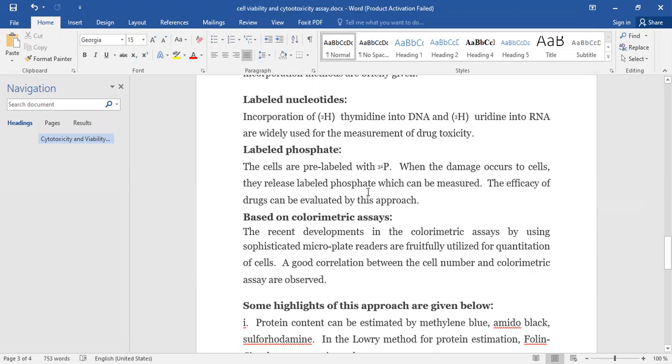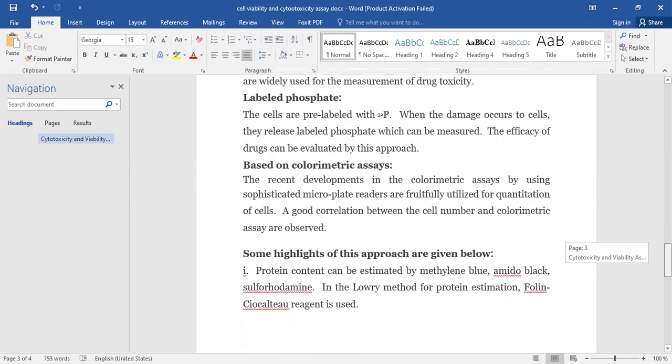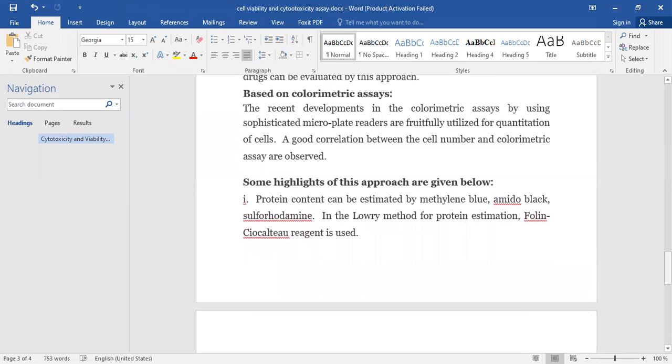So it is also used for the analysis of viable cells. Colorimetric methods can also be used for the analysis of viable cells, the cells which are currently living. These are the methods used for the analysis of the cells which are surviving in the animal cell culture.